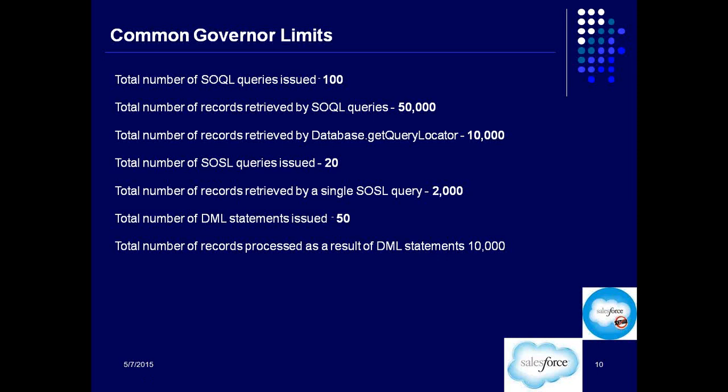If it returns more than 2000 records, then it will throw you an error. We'll talk about some best practices so that we can avoid these things. But whatever you do, you just have to make sure that you are avoiding this. There is no way you can return more than 2000 records using an SOSL query. We have to work around it, or write the code in a different way so that I'm not returning more than 2000. Correct?